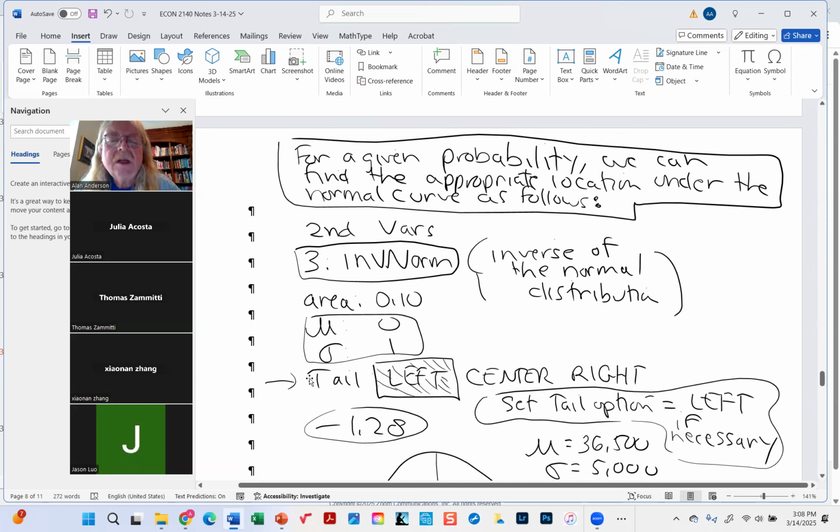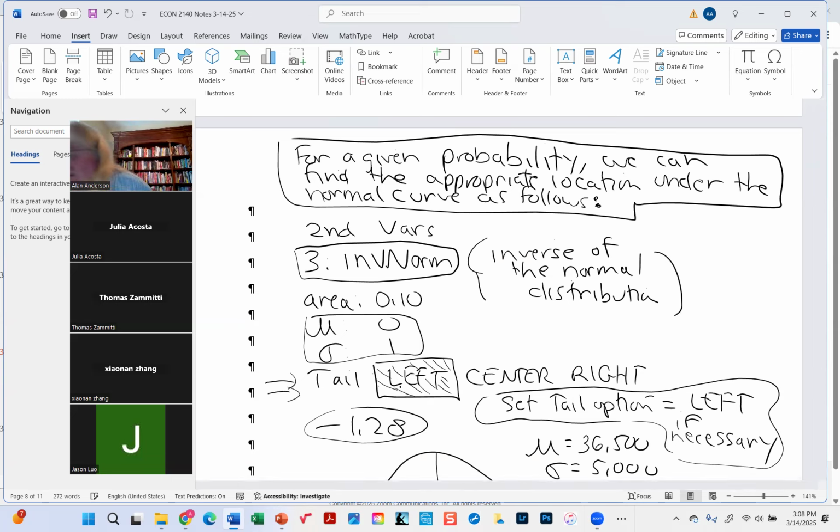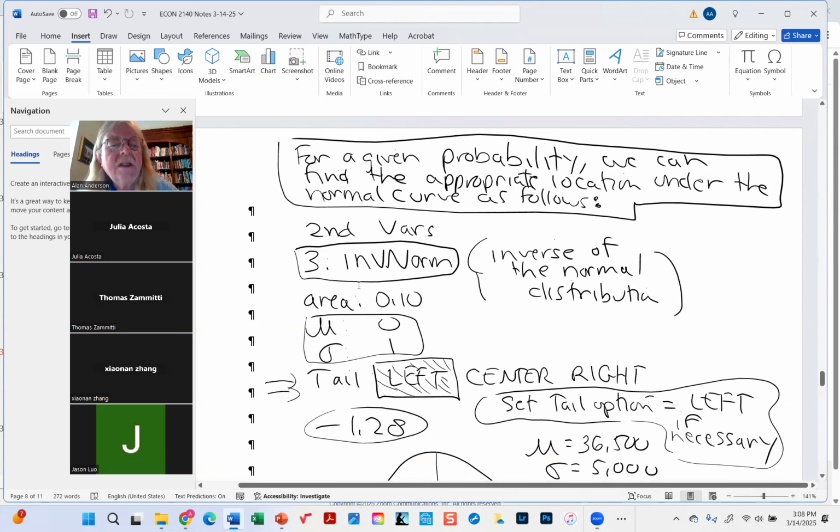If you do, what I need you to do is make sure that it's set to left. Now, if it isn't, you can just move the arrow key and hit enter, and that'll take care of it. So we want that tail parameter to be left. Now, if your calculator doesn't show this at all, you're fine because the calculator is assuming that you want left. But when you have an option like this, we want to make sure that we're choosing left. So that way we're all doing the exact same thing.